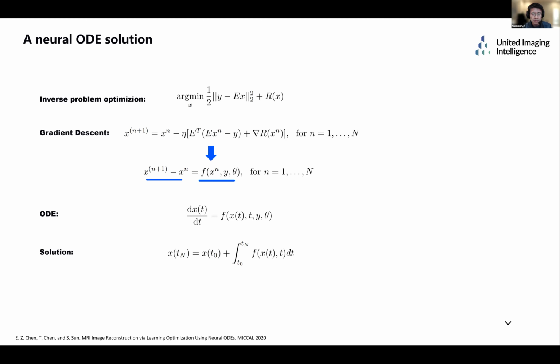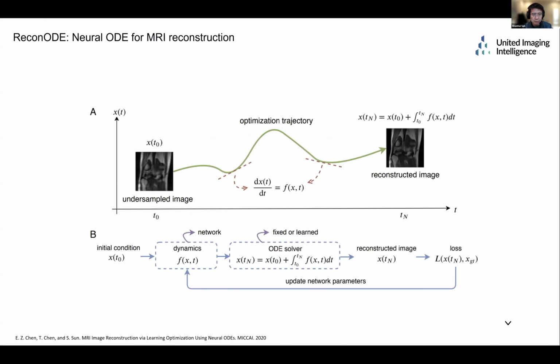But this is a discrete optimization procedure. If we think about this optimization as a continuous flow problem, we could transform the gradient descent optimizer into an ODE problem. We could treat the MRI reconstruction as evaluating the ODE problem.